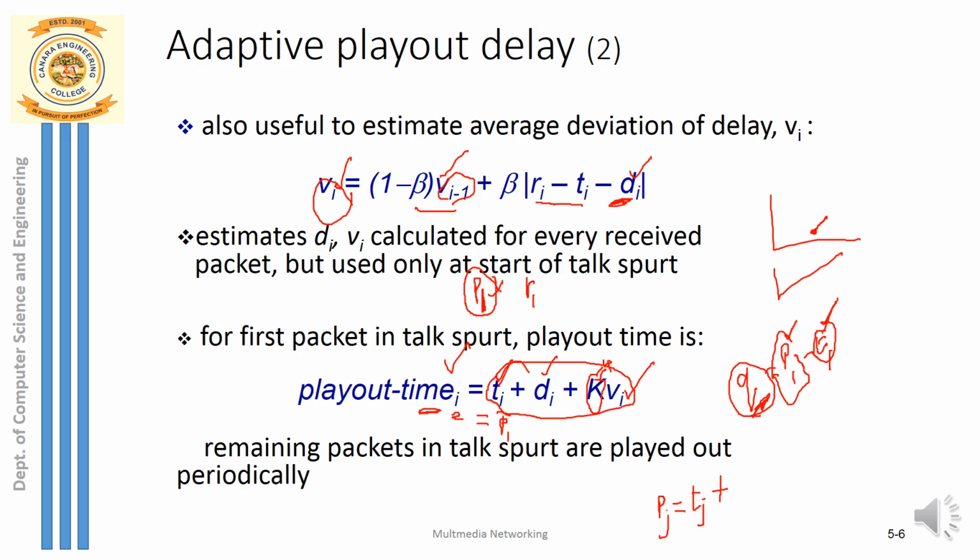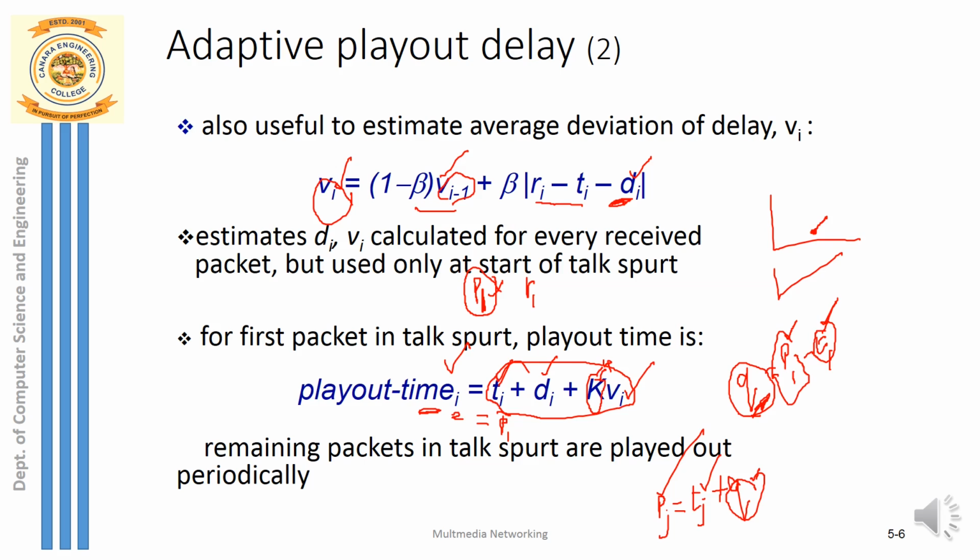So it is enough if you add that delay directly to the second packet's sending time, with which you can easily calculate the second packet's playout time. This is how you vary the playout time.